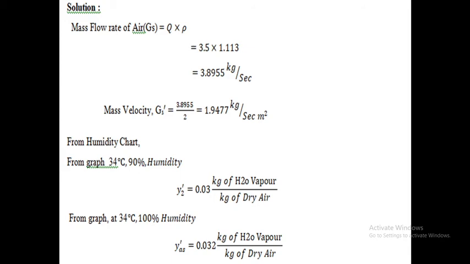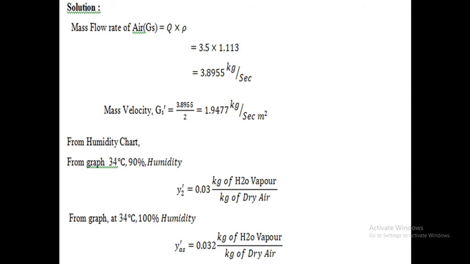From the humidity chart at 34 degrees Celsius, 100% humidity, because the 100% humidity line is the saturation line, the absolute humidity found is called the absolute saturation humidity, YAS'. From that graph, 0.032 kg of water vapor per kg of dry air.